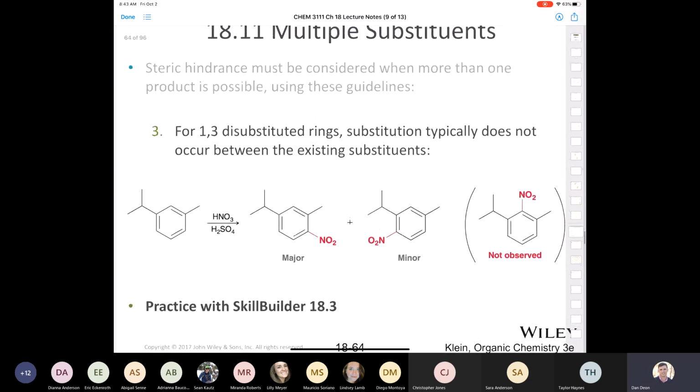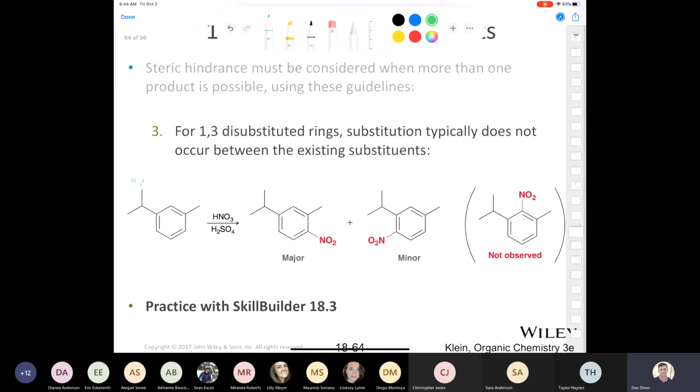If you've got a 1,3 disubstituted ring, it's not very common for substitution to occur in between two alkyl groups. Very rarely do we get that. And so here we have, again, our 2 weak activators. They're both ortho para directors, right? And so it might be a knee-jerk reaction to say, hey, it's going to go right here because that's ortho to both of them. That should be the major product.